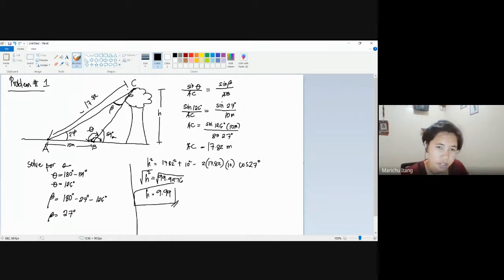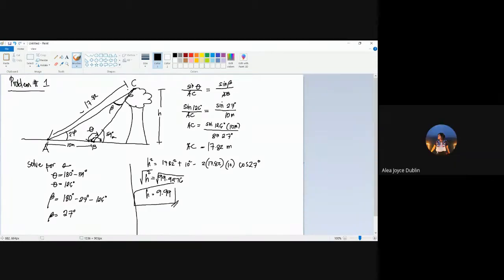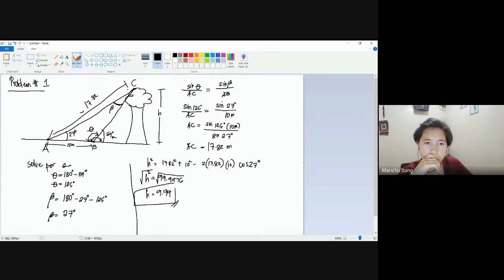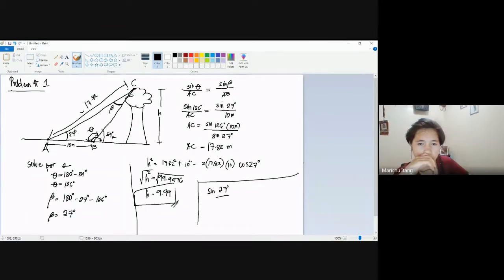How about if we directly use sine? So that is sine 27 degrees over 10 meters is equal to sine 27 degrees over h.